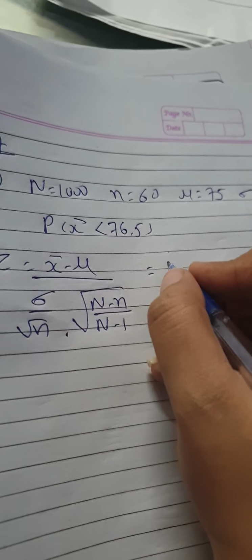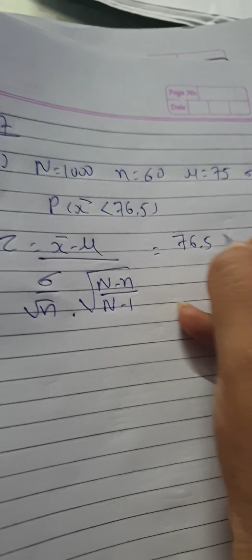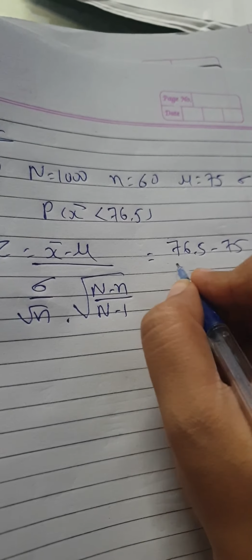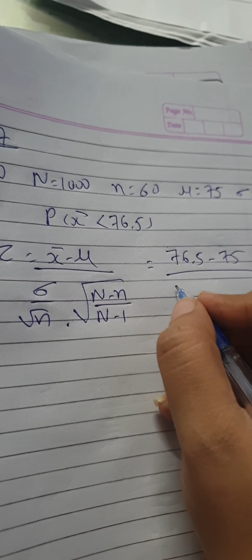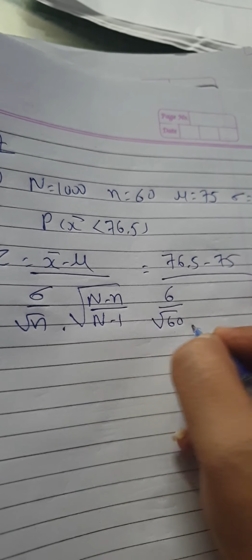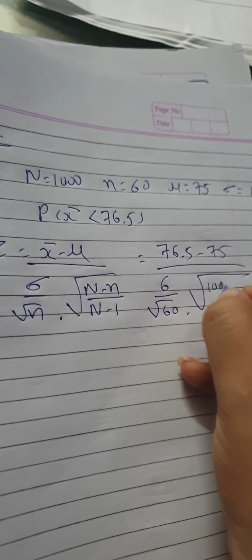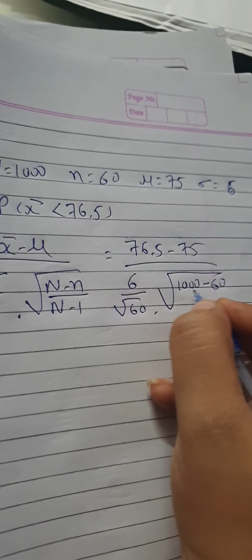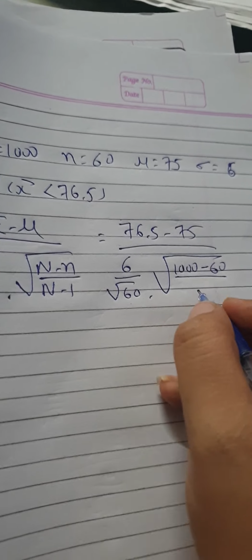Now put one by one all the values. X bar 76.5, mu is 75, standard deviation is 6 upon root 60 into 1000 minus 60 upon 1000 minus 1.